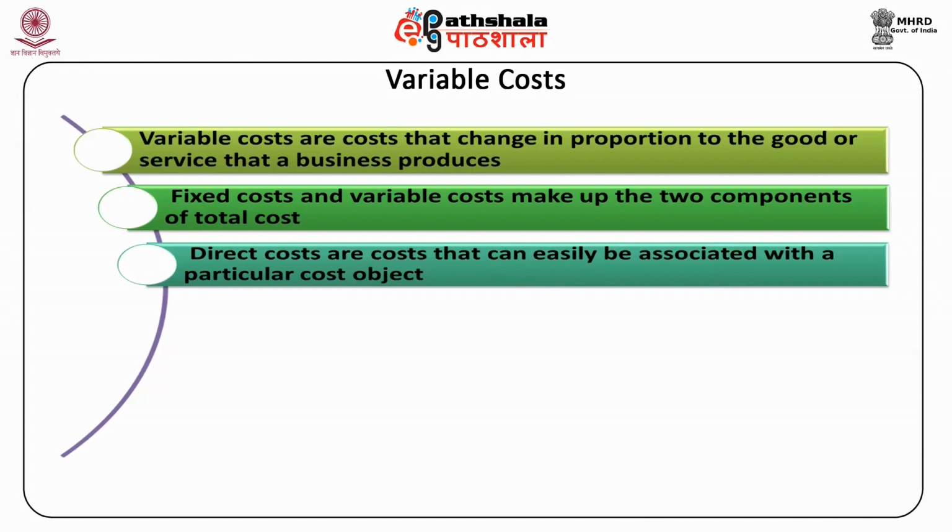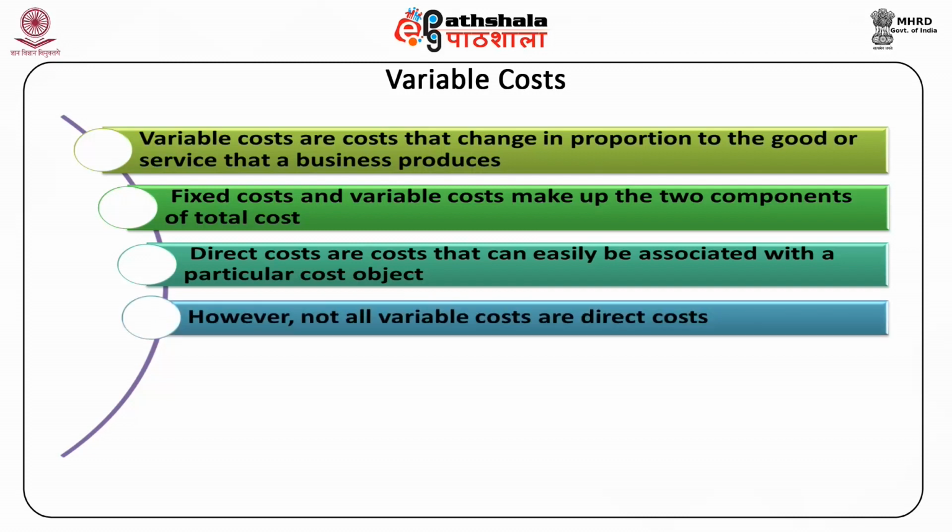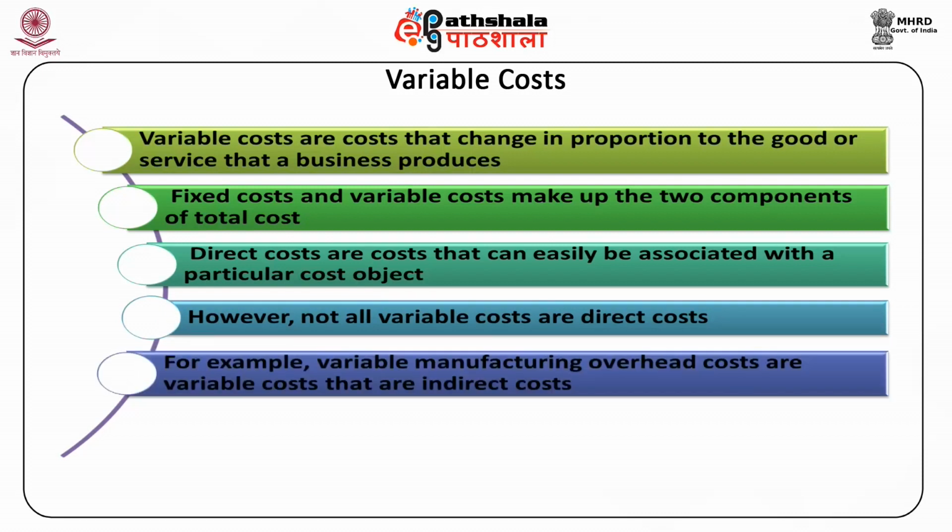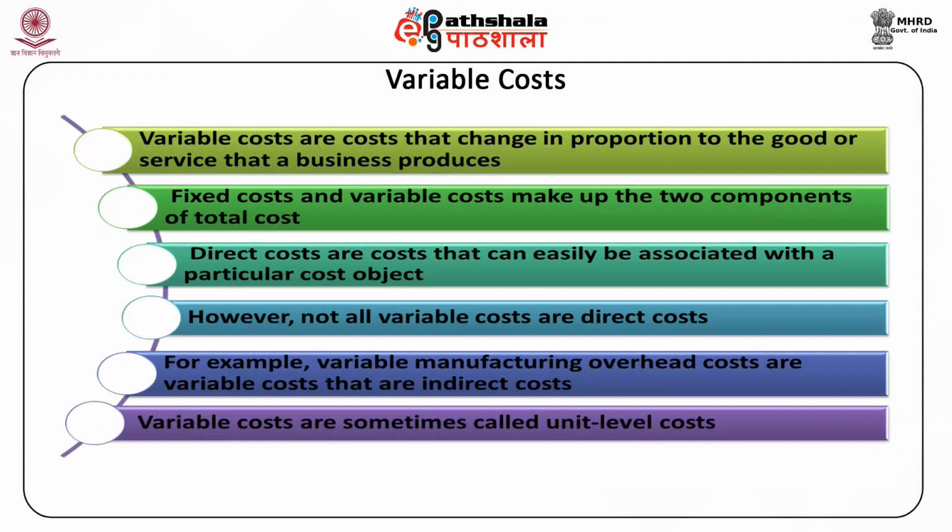Direct costs, however, are costs that can easily be associated with a particular cost object. However, not all variable costs are direct costs. For example, variable manufacturing overhead costs are variable costs that are indirect costs, not direct costs. Variable costs are sometimes called unit level costs as they vary with the number of units produced.